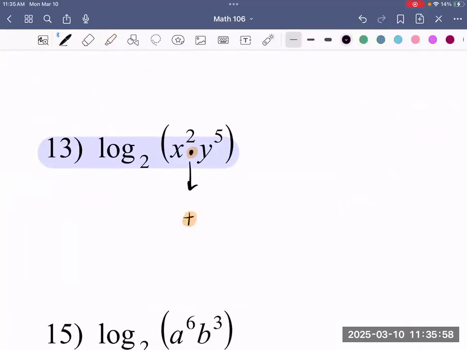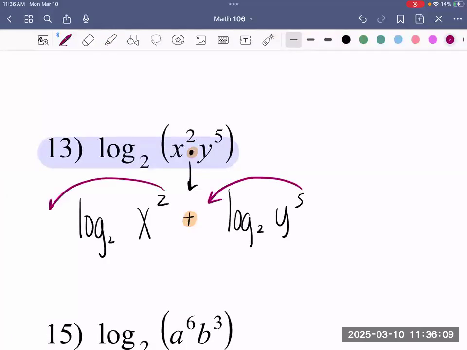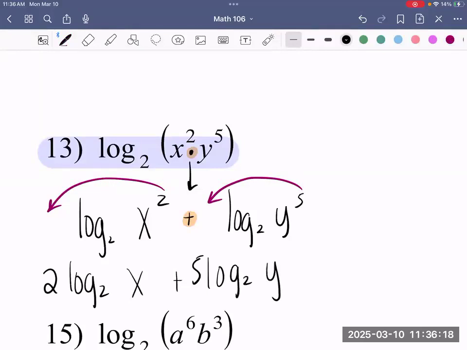Addition between two logarithms of base 2. So that would be x squared and y to the 5th. And we're going to bring those exponents down to be 2 log base 2 of x plus 5 log base 2 of y.